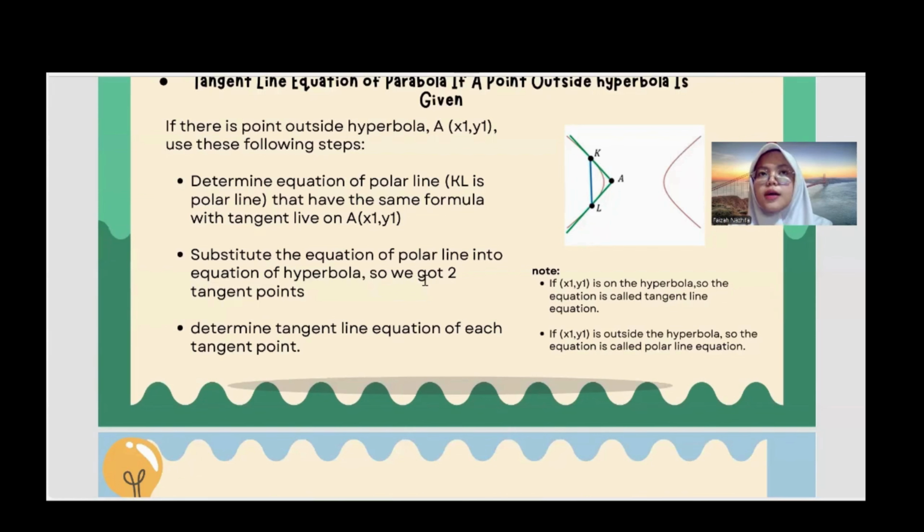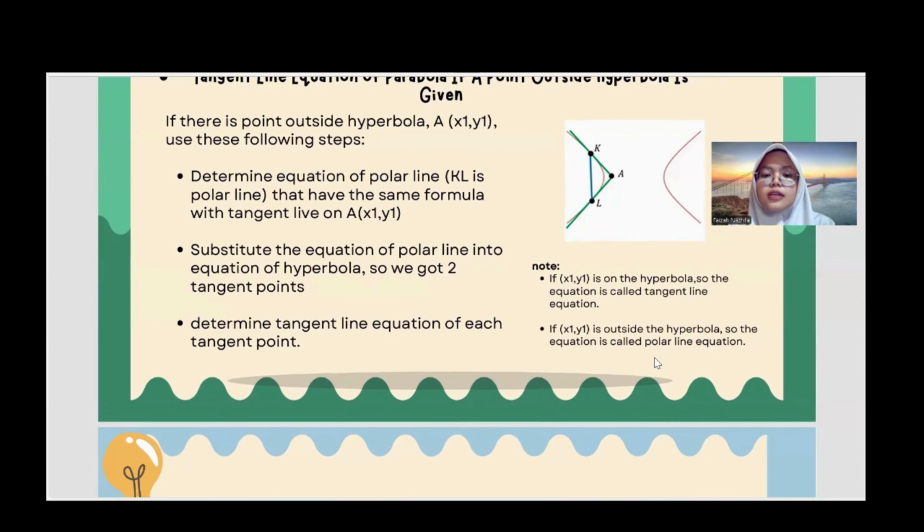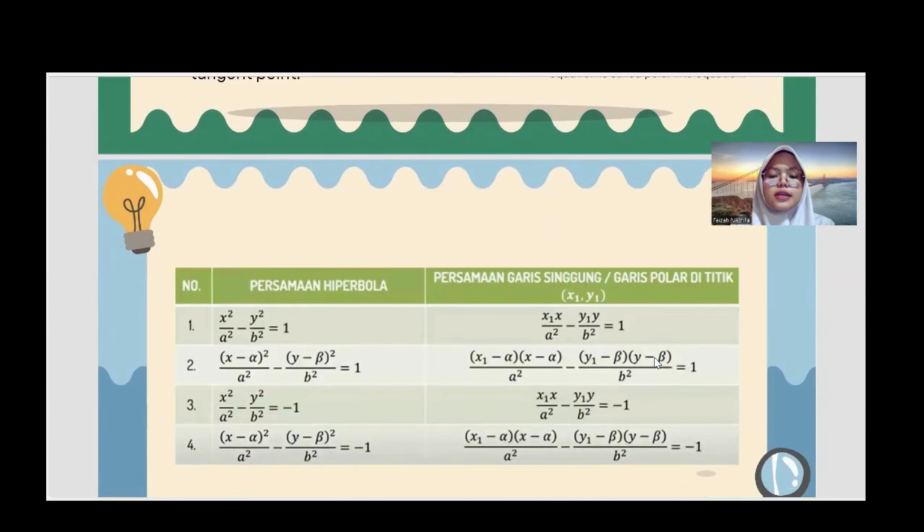If a point x1, y1 is on the hyperbola, the equation is called the tangent line equation. But if that point is outside the hyperbola, the equation is called the polar line equation. So the formula is the same, but the condition and the name of the equation are different.